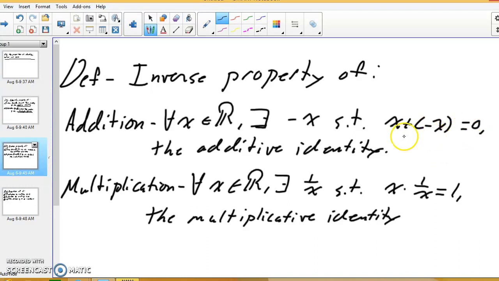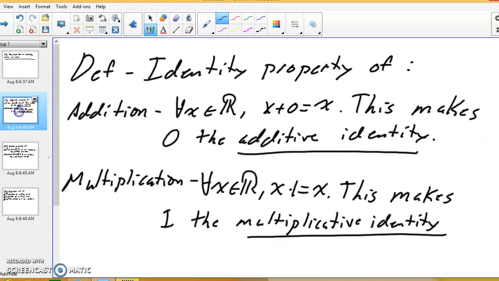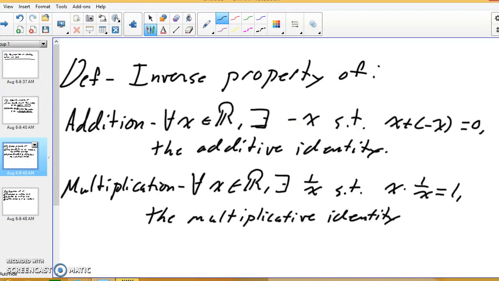So why do we want to have a negative x that when added to x equals specifically 0? Well, we want it to equal the additive identity, and we remember that the only additive identity is 0. So we're saying that for every single x, there's a specific negative x that gives us the additive identity, which is 0.